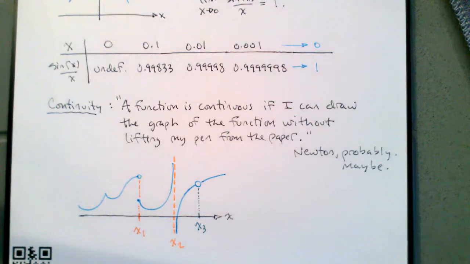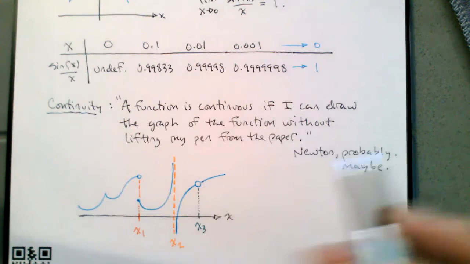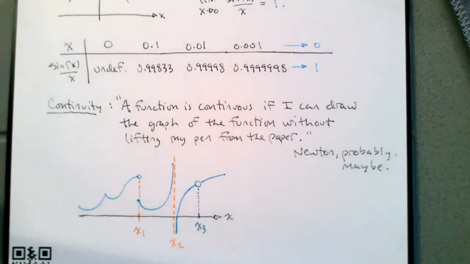Remember, the little circle represents a hole in the graph where the graph stops, jumps over x3, and then picks up again on the other side. So this does not violate Newton's definition by saying, well, you drew the circle there, just keep going around the circle. That's not what we're talking about.